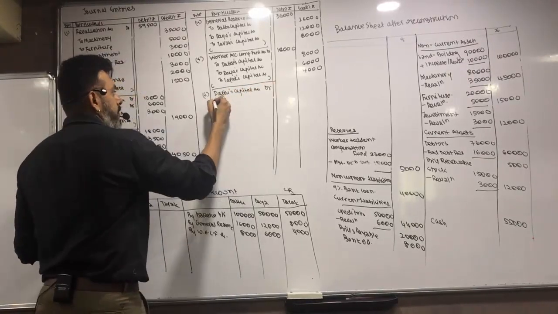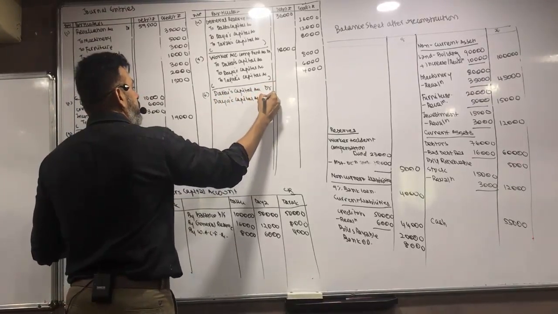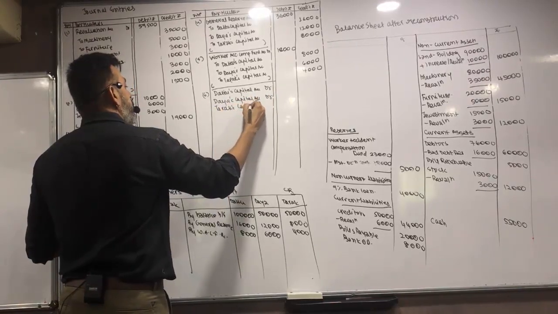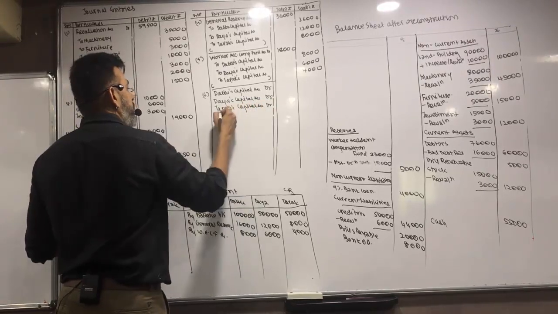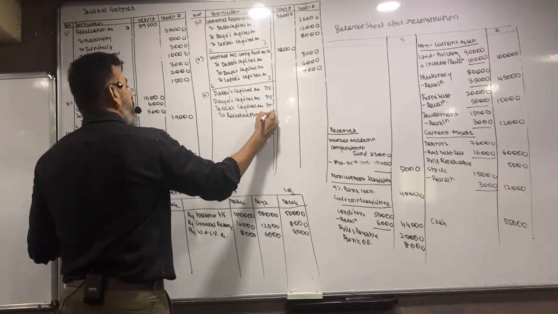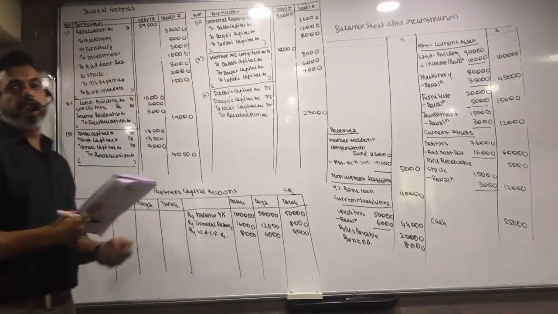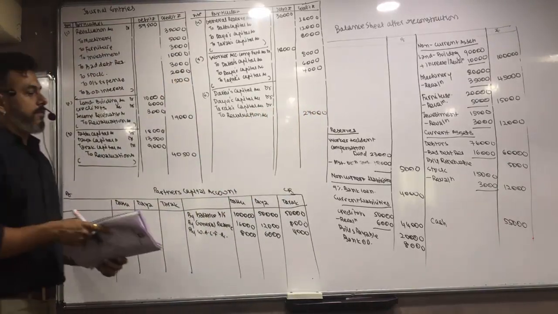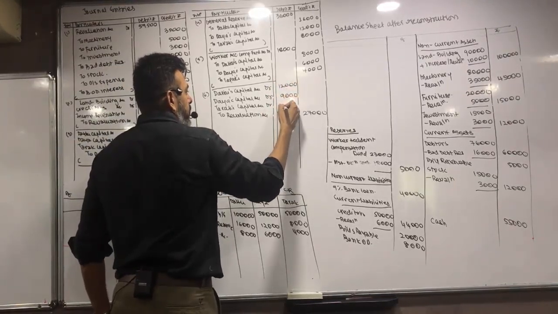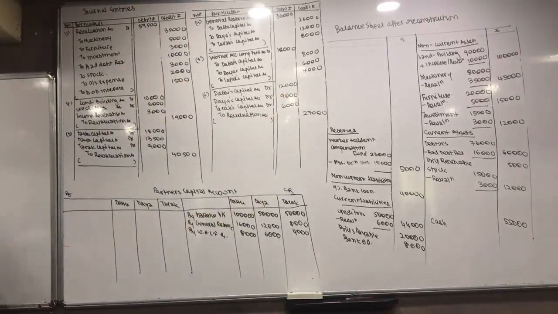Dattu's capital account debit, Daya's capital account debit, Tarak's capital account debit, to profit and loss account 27,000. Ratio 4:3:2, total 9: 12,000, 9,000, 6,000.